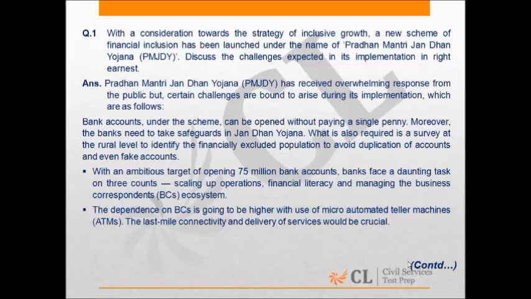Moreover, one special characteristic of this scheme is that each and every beneficiary will get an insurance cover. Still it is not clear who or which body is going to pay the premium of the insurance for the accidental cover and life insurance.